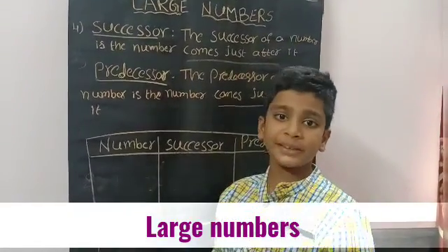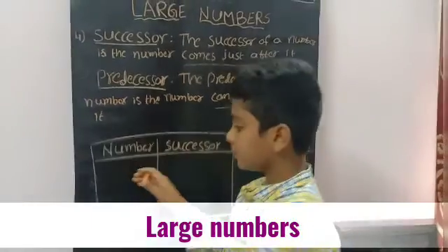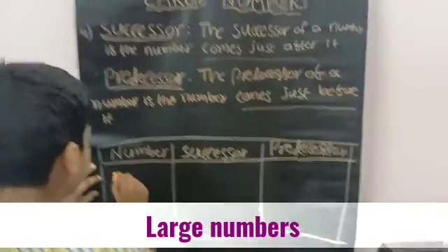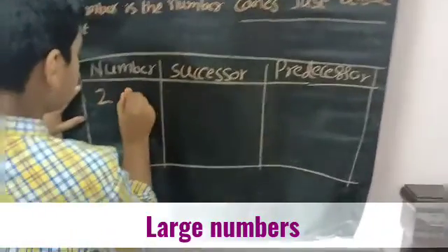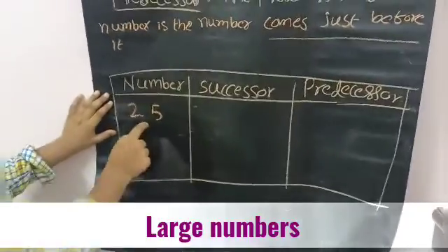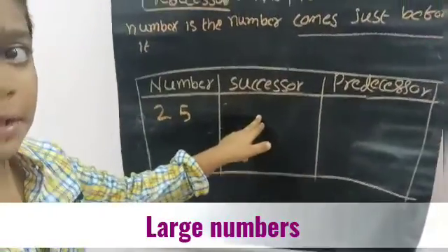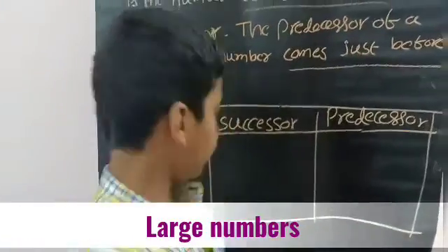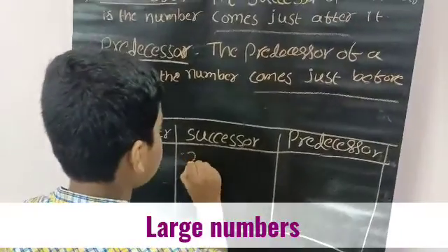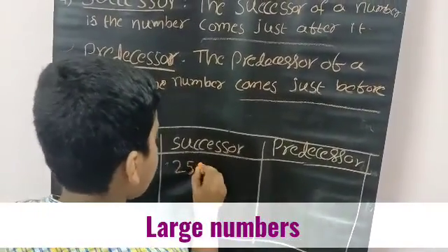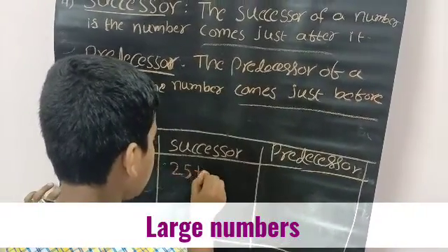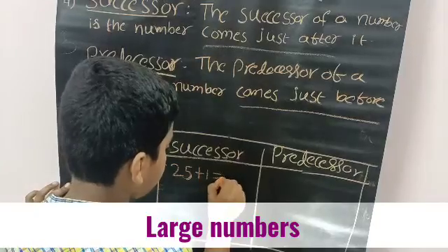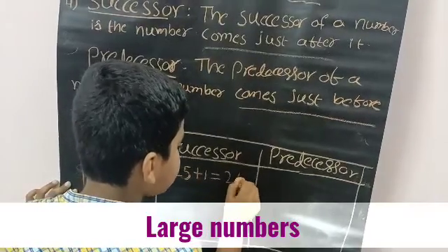We will take some examples. Number 25. How will we write the successor? We should just add 1. Means 25 plus 1 is equal to 26.